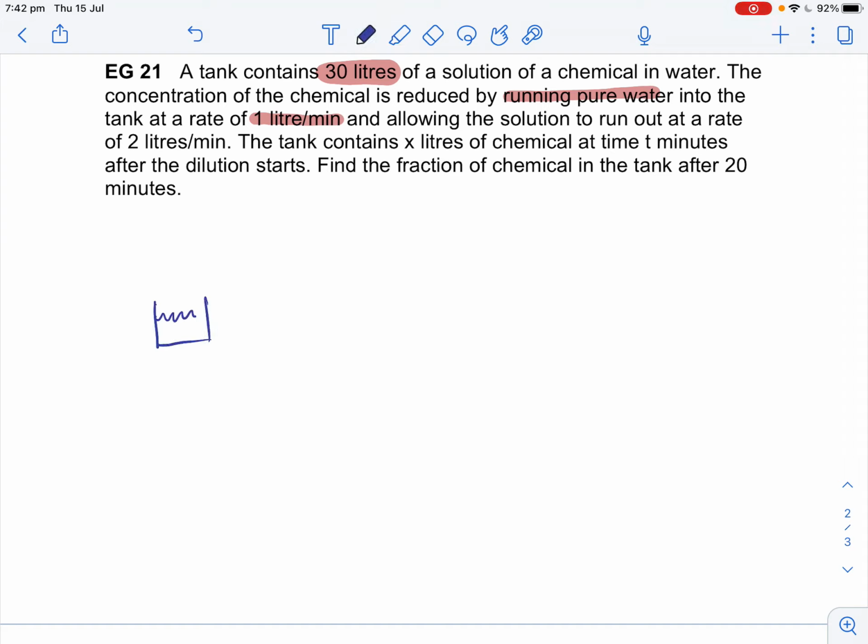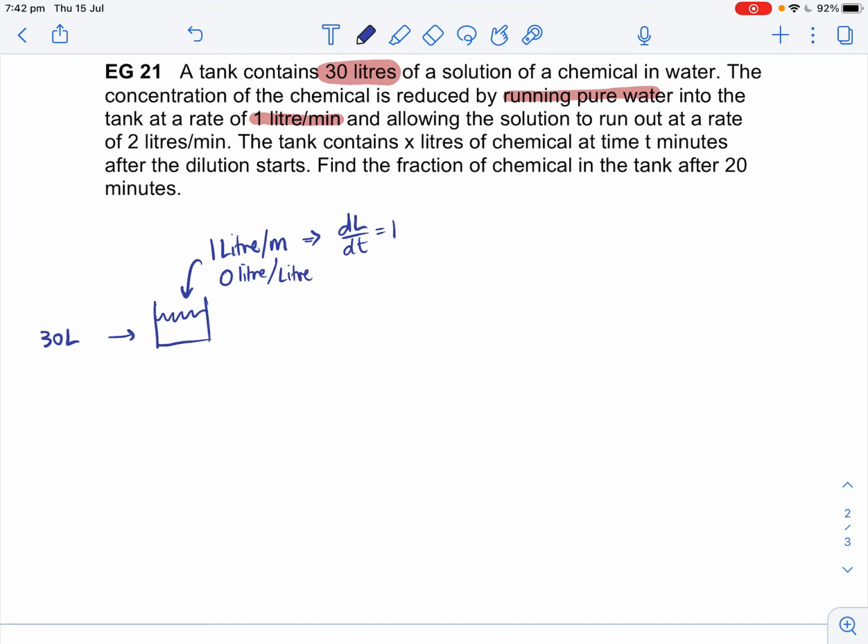Here's my tank. Chemical solution, originally 30 litres. We're going to put into that tank 1 litre per minute, so that is dl dt, and it is going in as pure water, so there's 0 litres of chemical per litre.